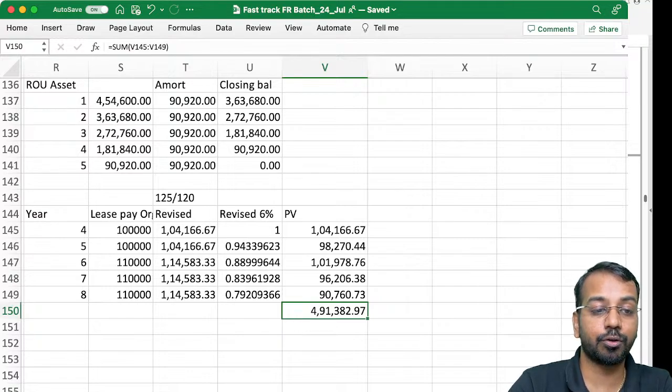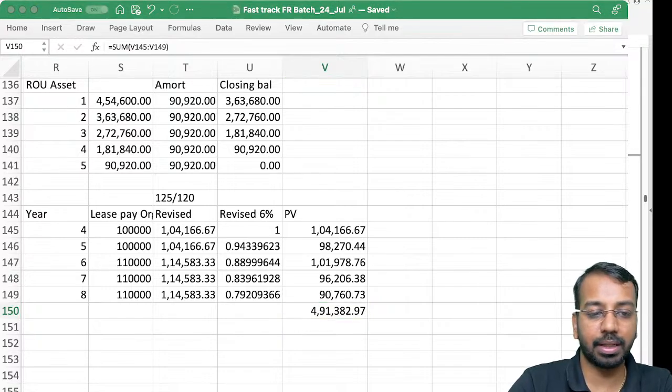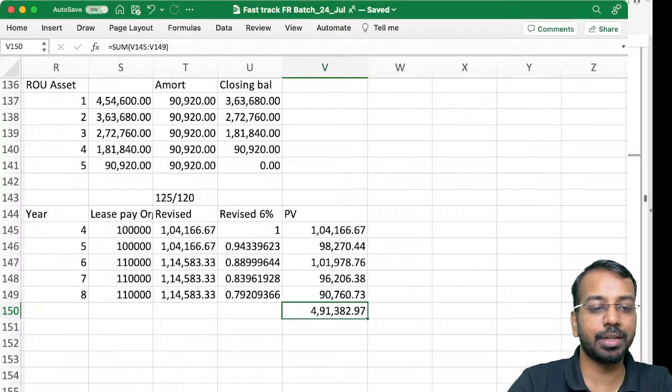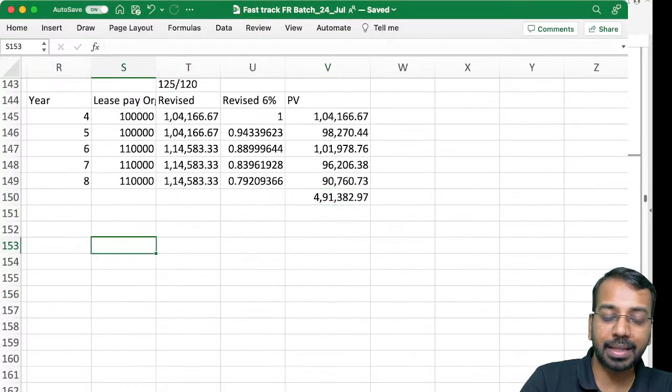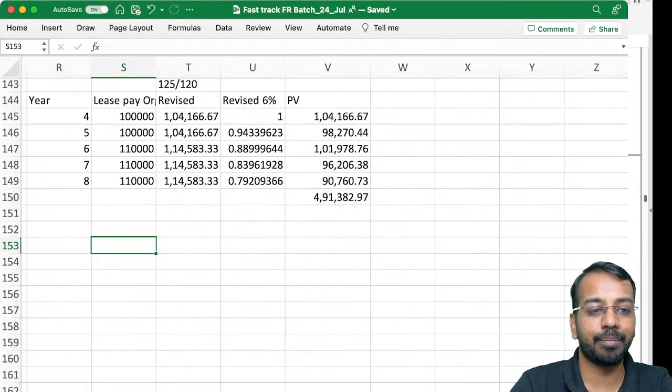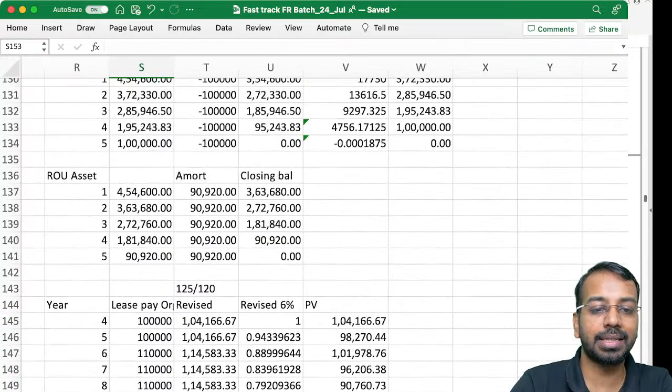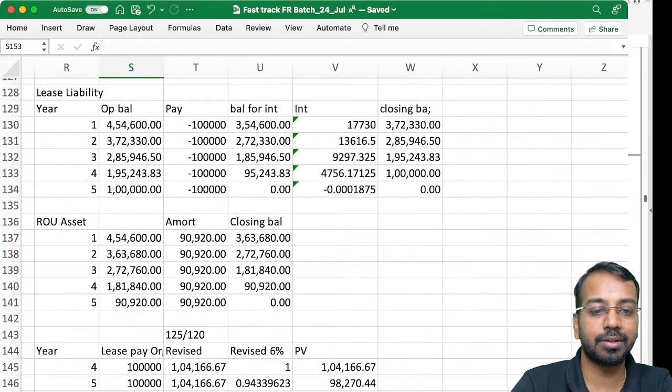Once this is done, what should we do? We have done the remeasurement. Once the remeasurement is done, you have to compare this with the original lease liability. Now, the original lease liability, if you see, is 195.